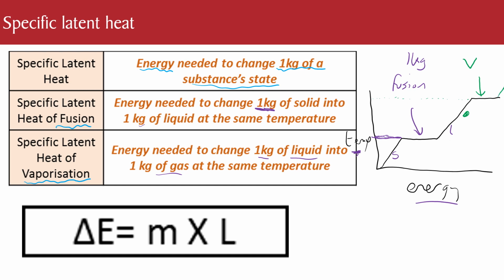That is the vaporization part. So the specific latent heat of vaporization is the energy required to change 1 kilogram of liquid into 1 kilogram of gas, staying at the same temperature. The equation at the bottom here is delta E, the change in energy, equals mass times the specific latent heat.